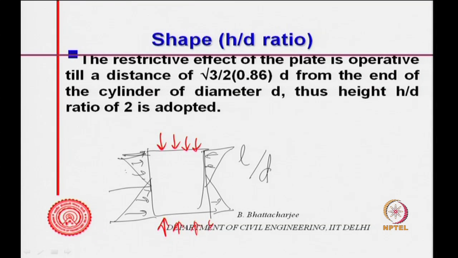Now, how much is this distance? This distance can be related to d. It has been observed that up to about 3 by 2 d, the end of the cylinder diameter, it is actually estimated up to 0.86 d that this effect will be there.